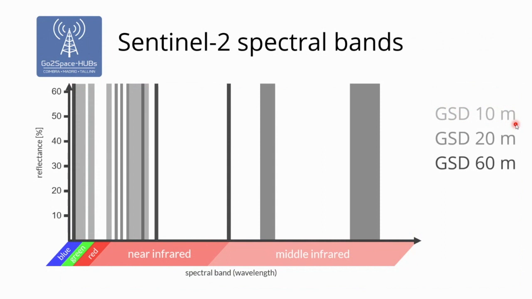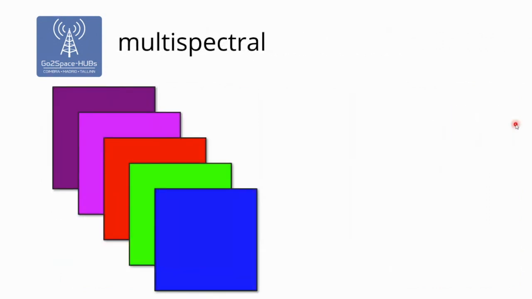But well, they are there. So in general, we have 13 spectral bands in Sentinel-2. And we call such imagery multispectral imagery. So we have different spectral bands, from several to a dozen bands.